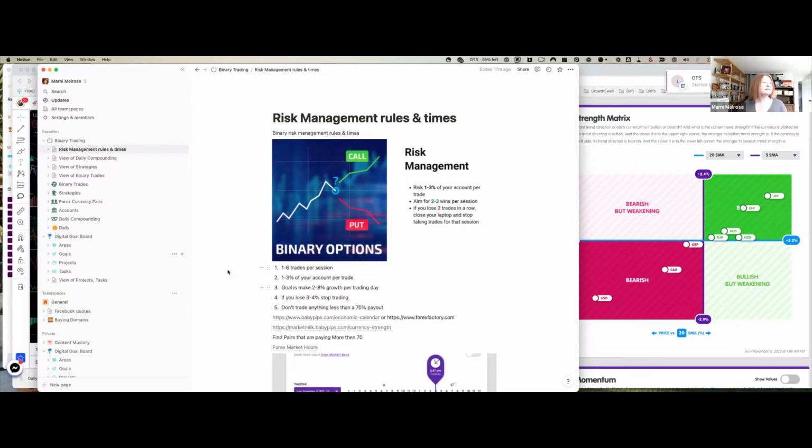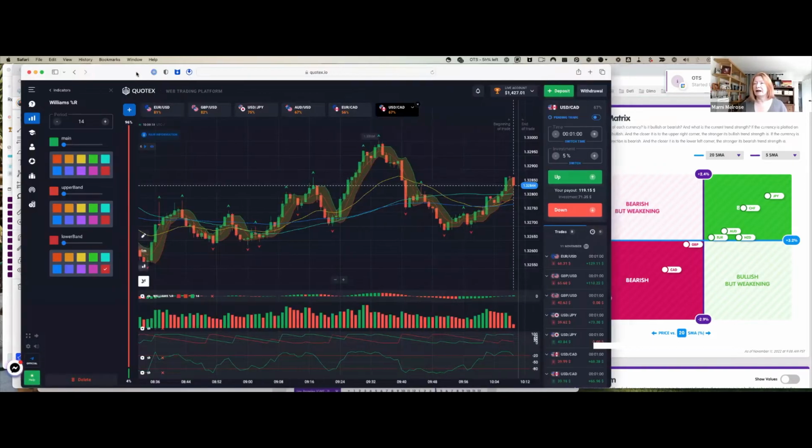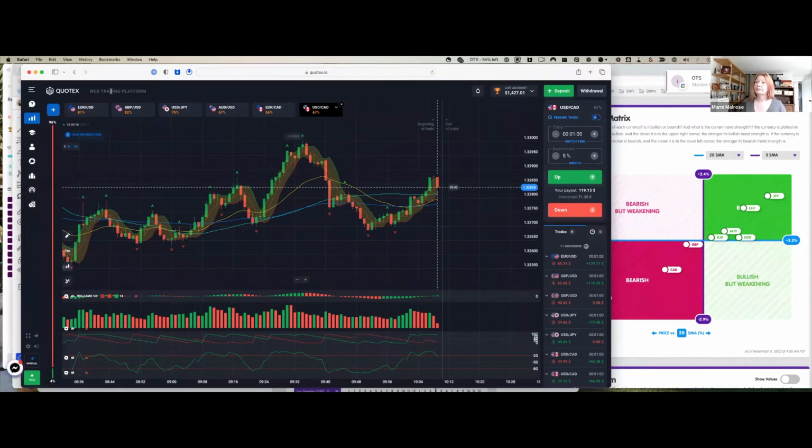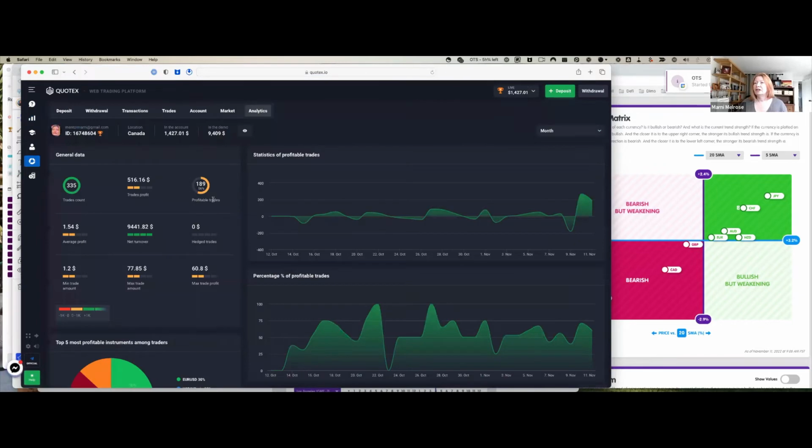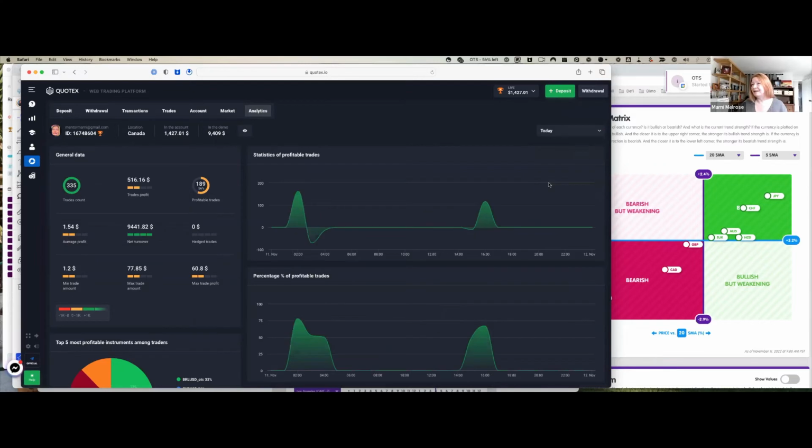Now, one thing that I like about this particular broker is that it gives me analytics. So we can see that I've got 56% overall profitable trades. If we look at today, though, I was at 60%.